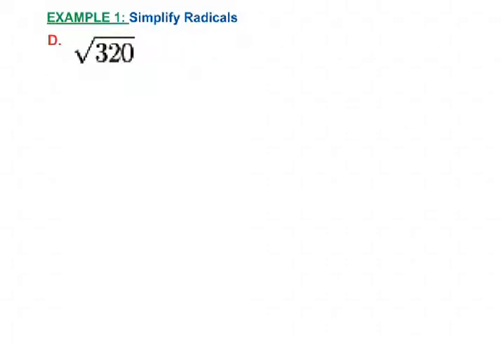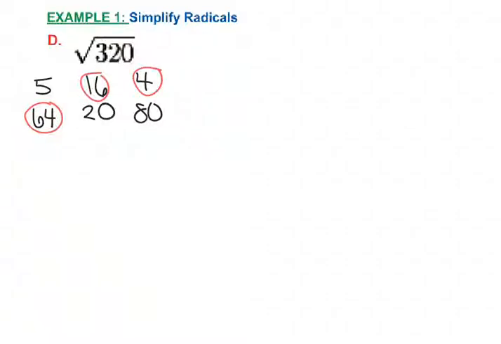Now, let's go back and look at 320. We've written down those factor pairs already, and we identified 3 that have a perfect square. 5 and 64, 16 and 20, and 4 and 80. Those were our perfect squares. So, we can use any one of these factor pairs.